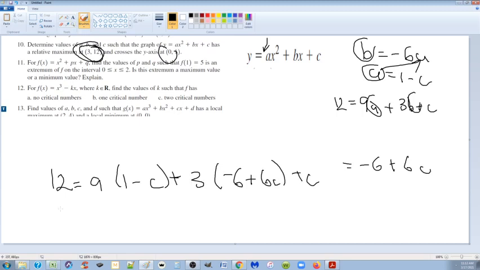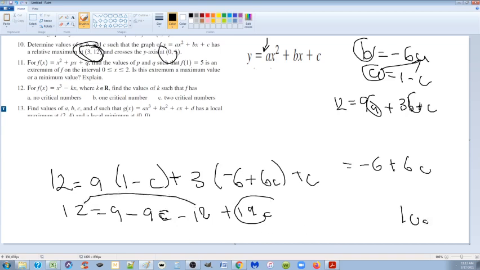And then if I expand it, I get 12 is equal to 9 minus 9c minus 18 plus 18c plus 1 more c, so plus 19c. Adding up all my terms, 19c minus 9c, I get 10c, and I get 12 plus 18, 30, minus 9, 21 is equal to 10c.